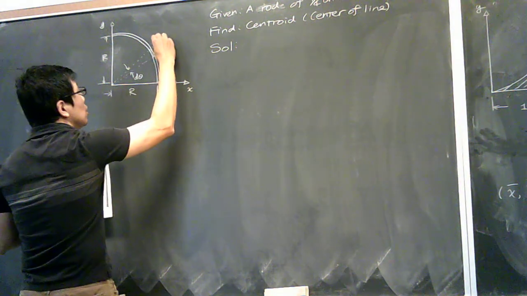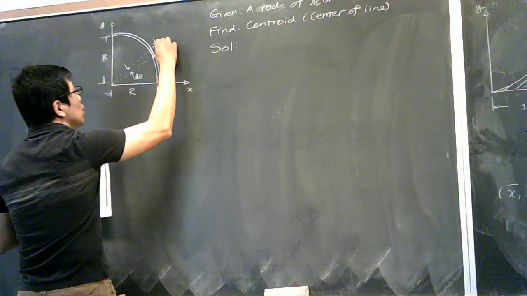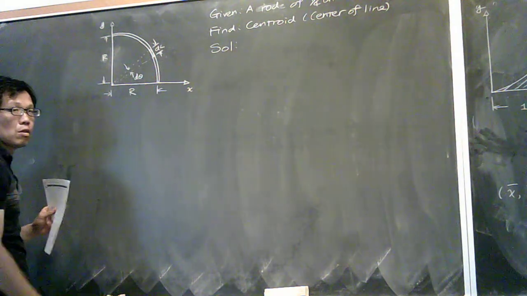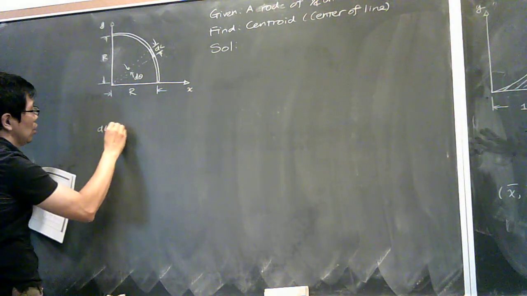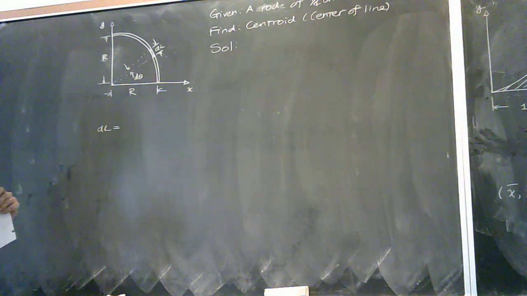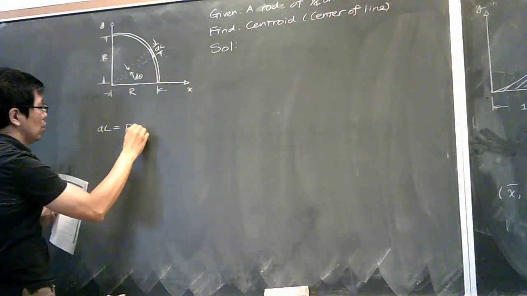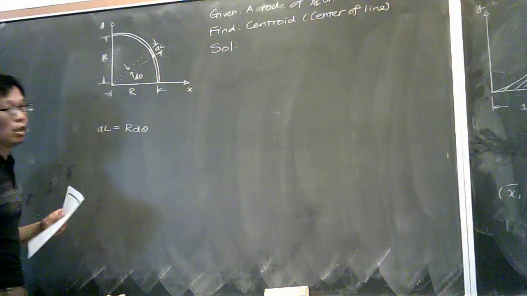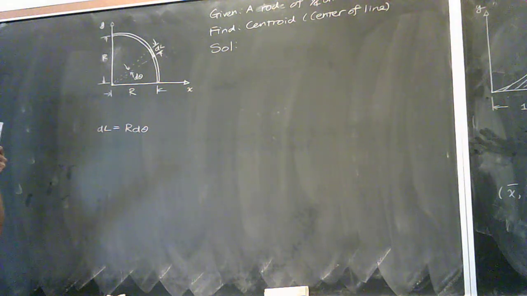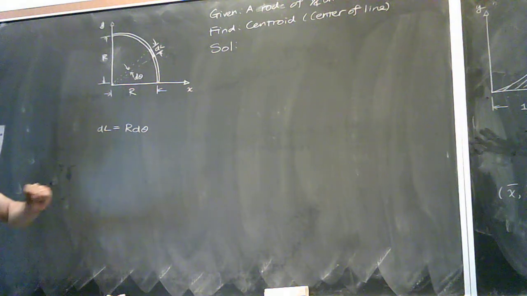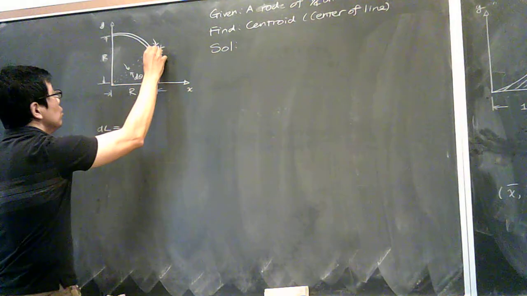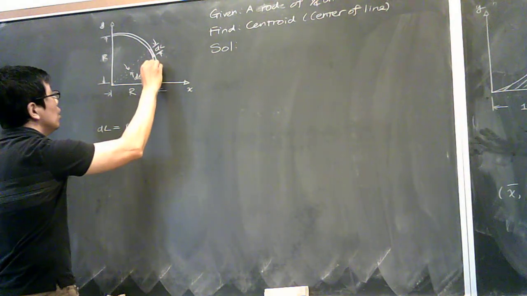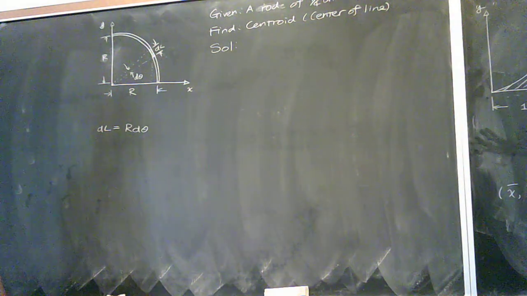Over here is my dl. The radius is r, which is given. So by definition, dl equals what? r d theta. Right? So can we know the x direction in this case?